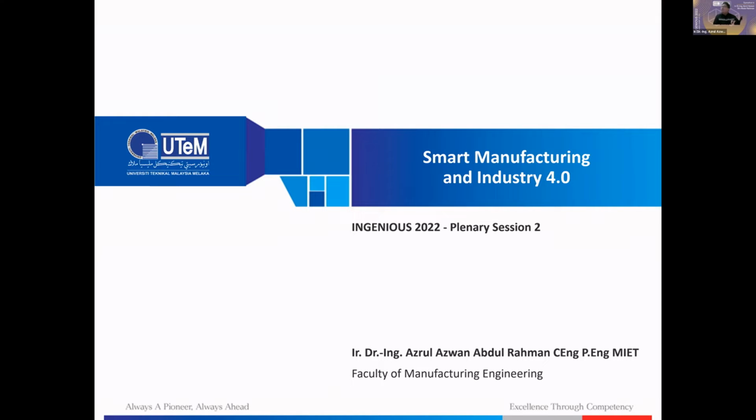I believe the theme for this summer camp is quite interesting: smart technologies as an enabler of global industrial excellence in Industry 4.0. I hope that through this plenary session, you will get a better idea of what smart manufacturing is, and also Industry 4.0.